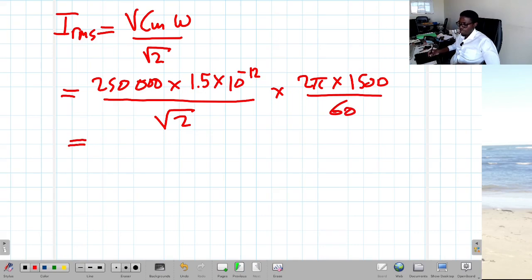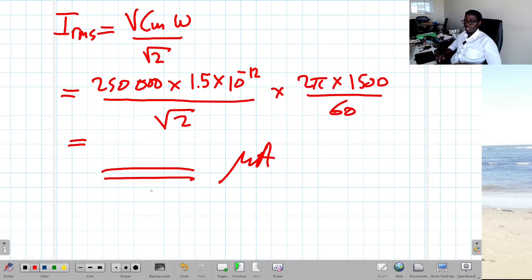And you determine now the actual IRMS value that you obtain, that is for the peak voltage level of 250 kV. Okay, so you do your calculations there, you solve that and determine it in microamps.